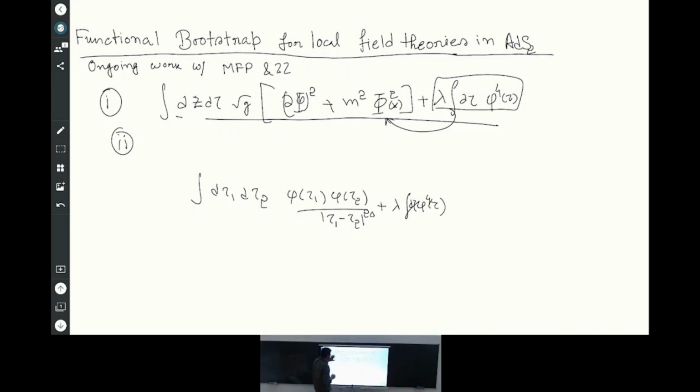So this particular model, where the interaction is only at the boundary, becomes the very familiar non-local action for, say, the long-range Ising model. This operator becomes relevant for certain dimensions of delta phi, and then we can flow to the IR fixed point, which is in the same universality class as the long-range Ising model.